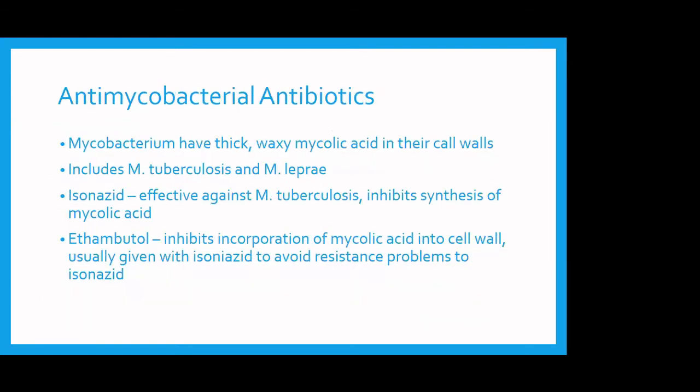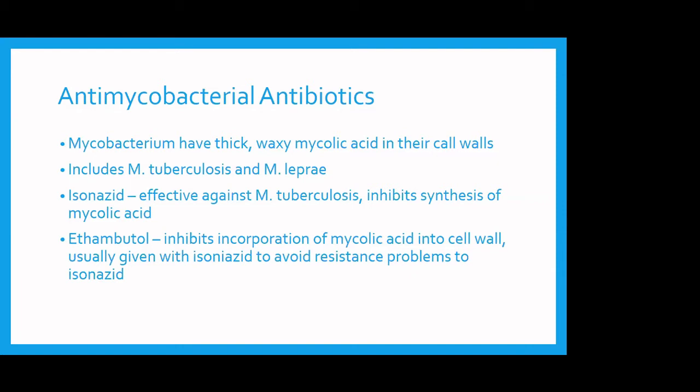Then we have our antimycobacterial antibiotics. Mycobacteria are those ones that don't gram stain. You have to use an acid-fast stain to see them. They have that thick, waxy layer of mycolic acid around their cell walls. Things like Mycobacterium tuberculosis and Mycobacterium leprae, right? Pretty bad pathogens. So how do you treat them? We use things like isoniazid and ethambutol.